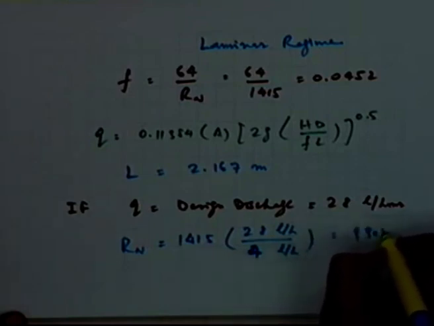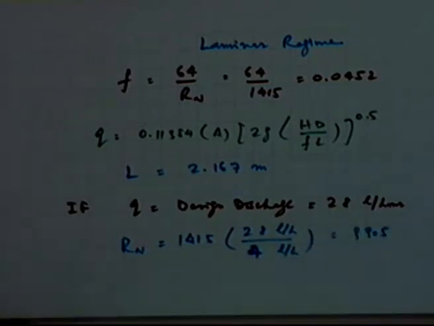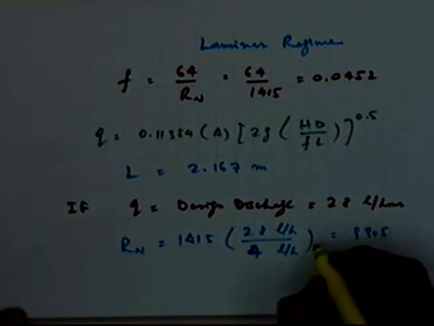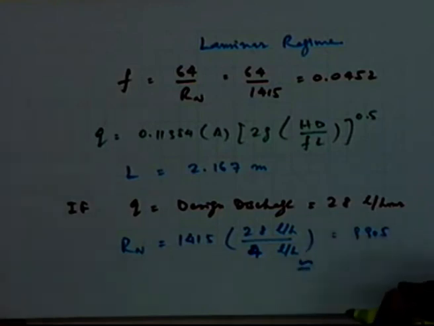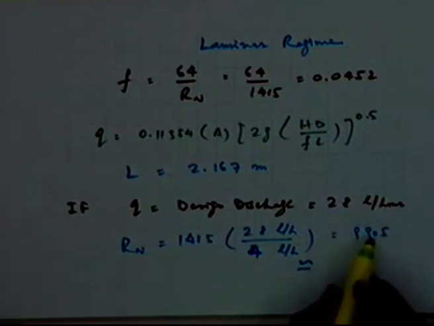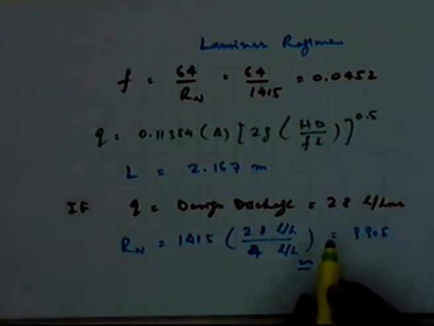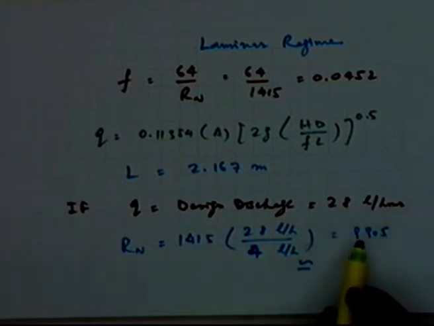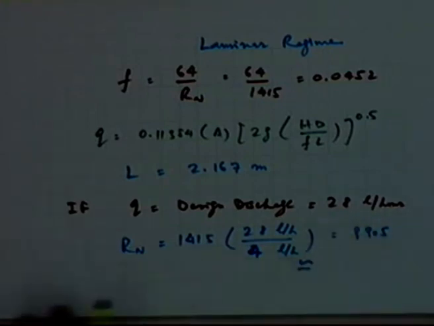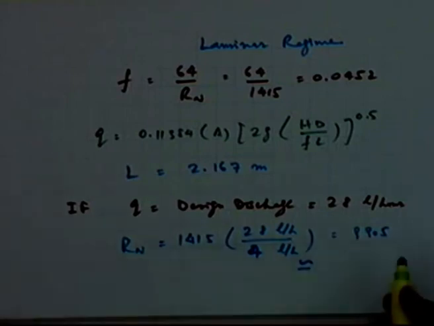This will be 9,905, which is almost close to a value of 10,000. So, since it is towards the fully turbulent side, it won't be in the unstable zone for a longer period.